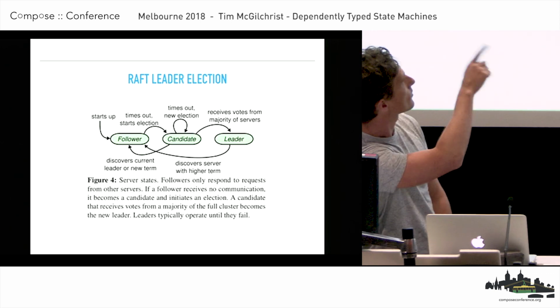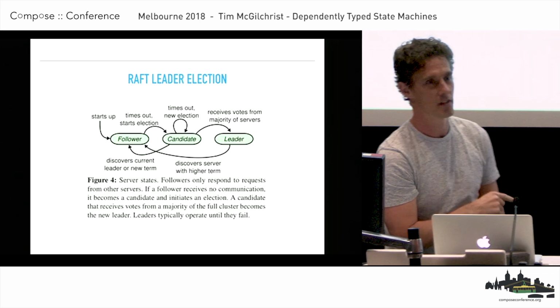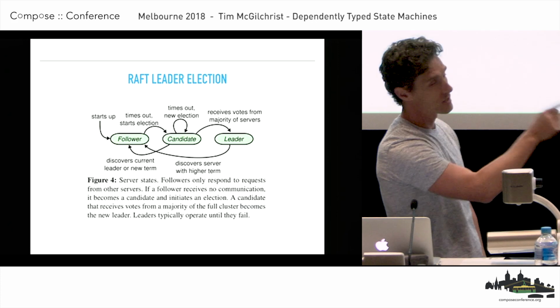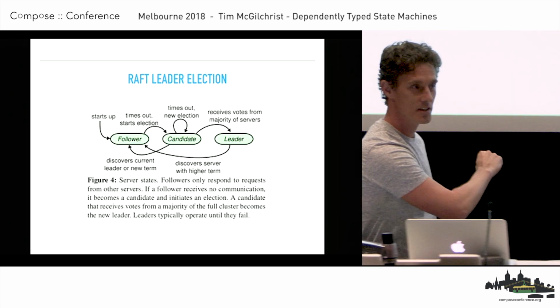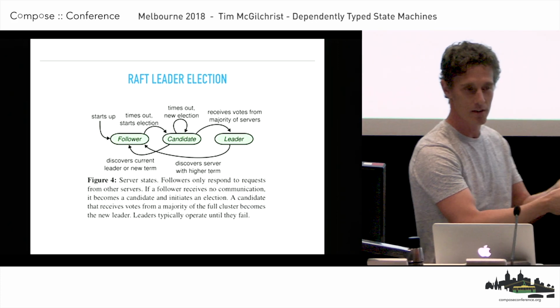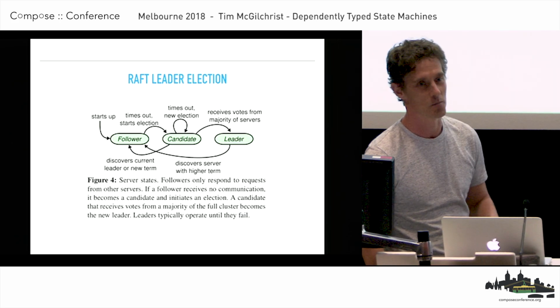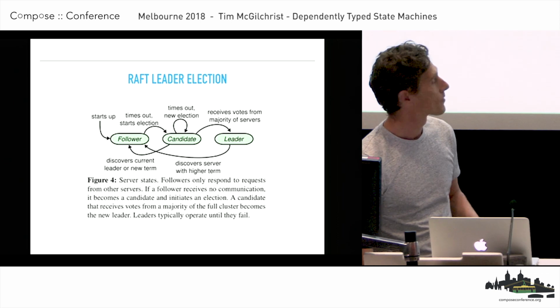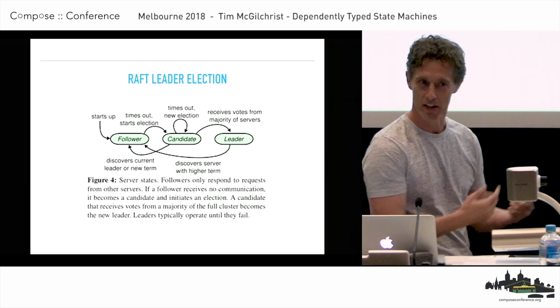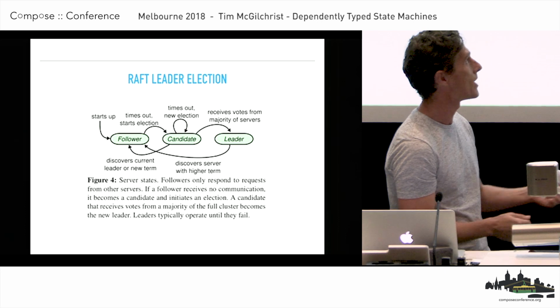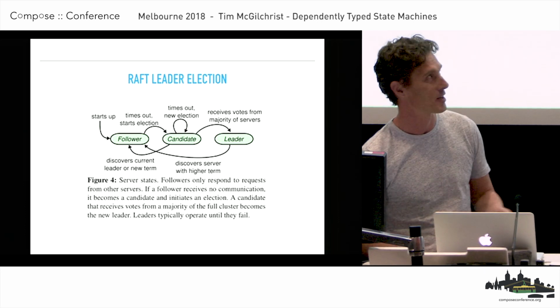But there's only 3 states, but there's a whole bunch of different transformations between those states, and there's preconditions, there's postconditions that you have to keep in check. So even for 3 states, it's reasonably complex. And if you start thinking about how am I going to get all this right, am I going to remember to check the preconditions, postconditions on everything?